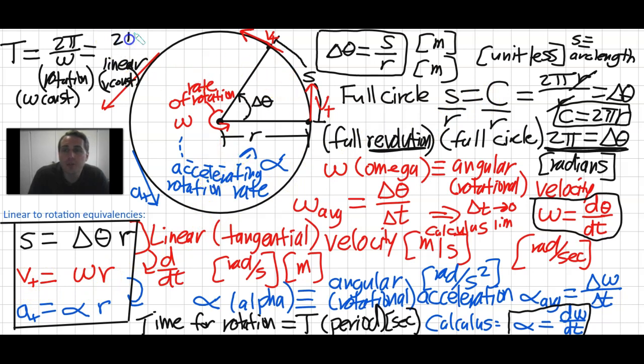So this is 2 pi r over vt, and vt is the tangential velocity. Okay, so that'll give you the period. So period can be calculated in several different ways. Let me box these equations because these are important as well. These are all the important rotational kinematic equations that you should be aware of.